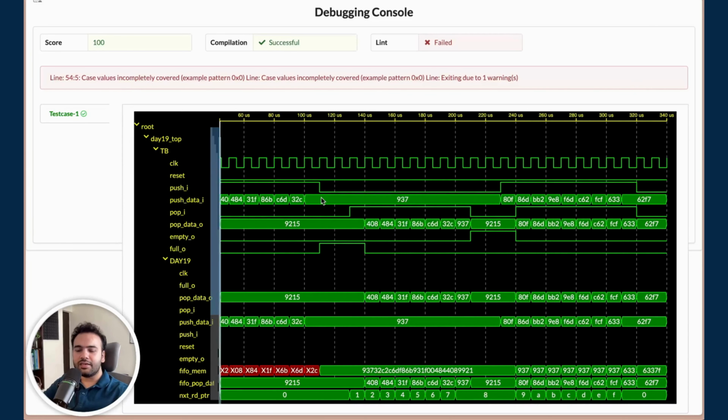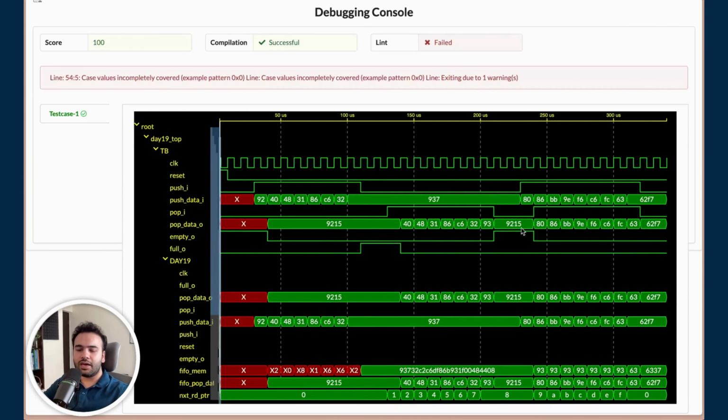Generally, this is how I approach this. This was also one of the problems shared with me over WhatsApp by someone who was designing this. Because I understand how FIFOs work, my first instinct was to look at what the read pointer value is.